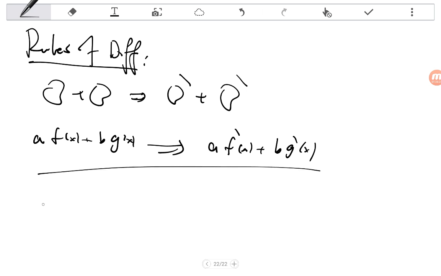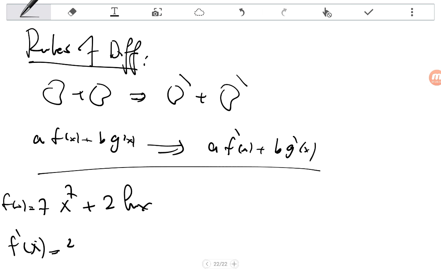So, for example, if I have 7x power 7 plus 2 ln x, what is the derivative of this function? 7 f dash x will be 7 times 7 is 49 x power 6 plus the 2 as it is, and the ln, what is the derivative of ln? 1 over x. Derivative of ln is 1 over x.